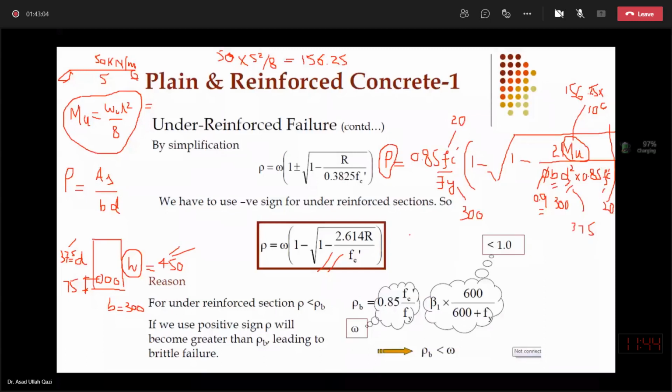In order to apply this equation, you can write simple programs, or on Excel you can write this equation so that quickly once you put FC prime and Fy and B and D, you get the rho value. So this equation you are going to use repeatedly for design purpose. Again, I recommend you to memorize this equation because this will remain part and parcel of you if you are to become a designer.